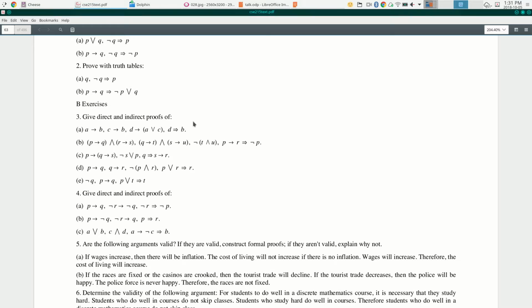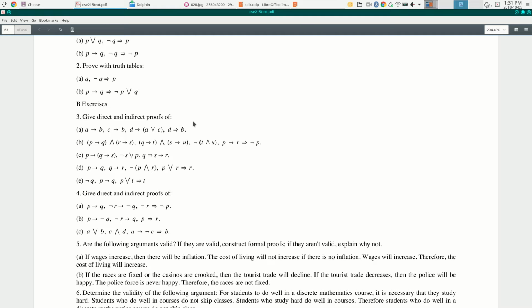But let's do some of these. Let's do this first one together. So this is written out as follows: A arrow B, comma C arrow B, comma D arrow A or C, comma D, double arrow B. Okay.